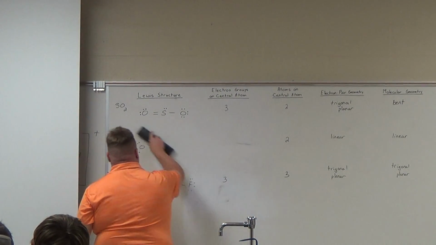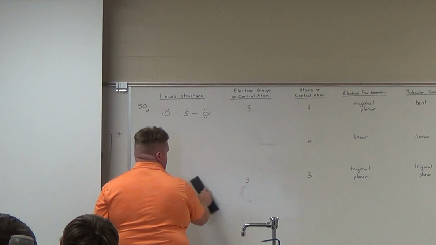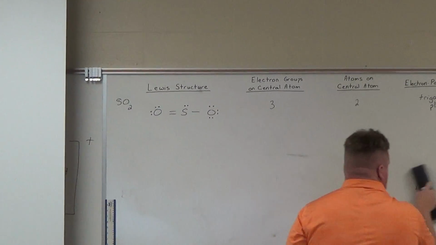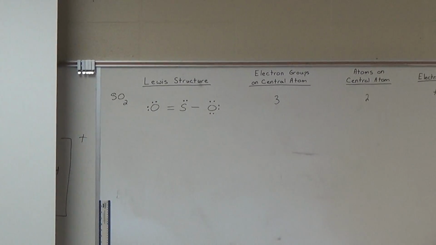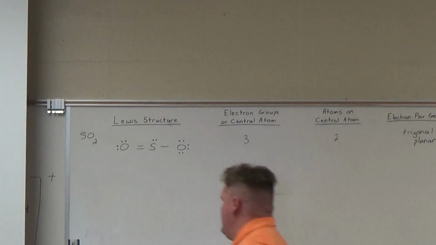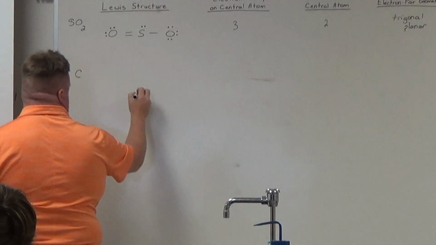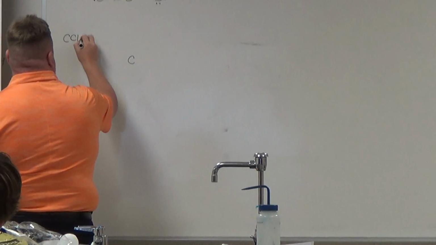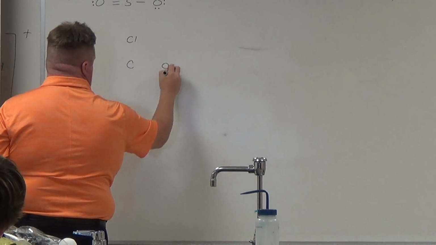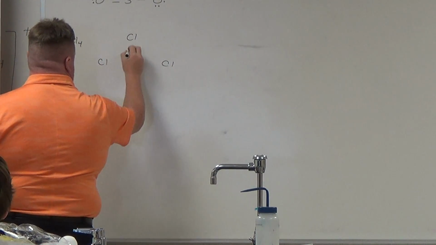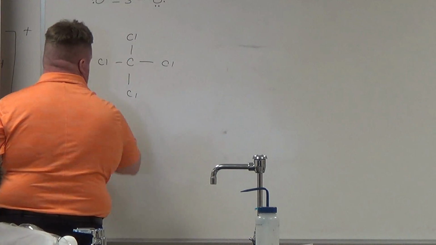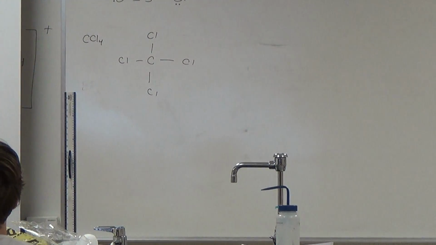All right. What's the central atom going to be? Okay, central atom will be carbon. How many pairs of electrons do we get? 16 pairs.